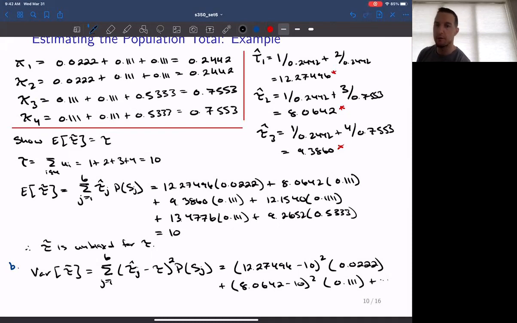So we're just going to take each estimator, subtract 10, square it, multiply by the probability of observing that sample. And this should give us something in the area of 2.721. Any questions?